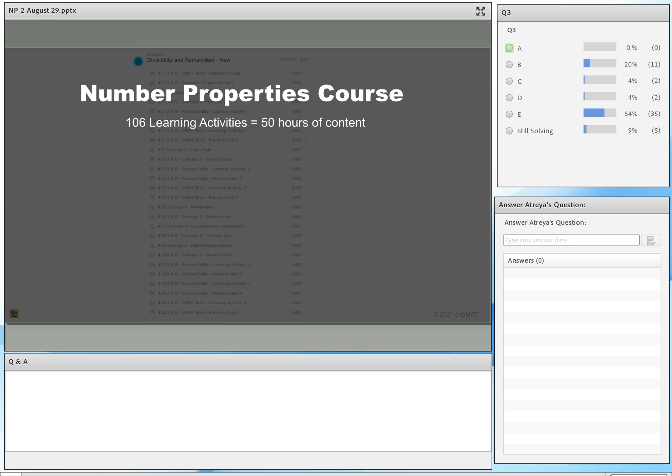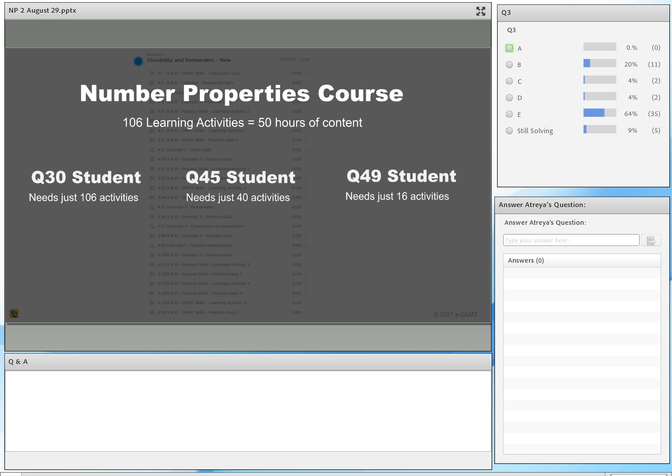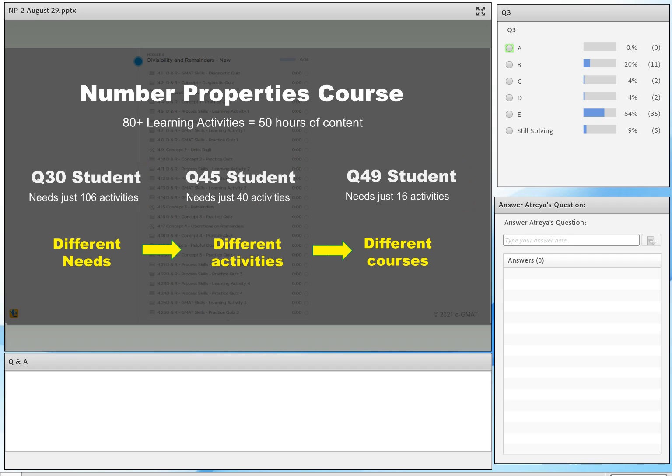The number properties course, for example, has 106 learning activities, which is around 50 hours of content. Now, if you're a student who is around that Q30 mark, you definitely need to go through all of these activities. If you're a student who is around that Q45 mark, you don't have to go through all the activities, maybe some activities which you are weak at. A student who is at Q49 only needs to go through 10% or 15% of the course, the areas he's weak in.